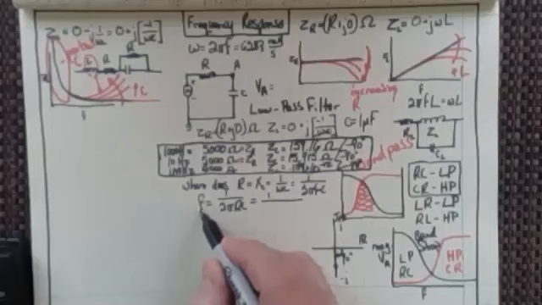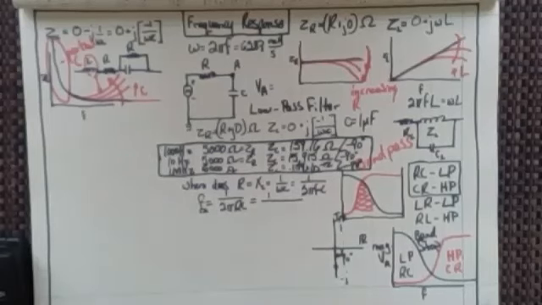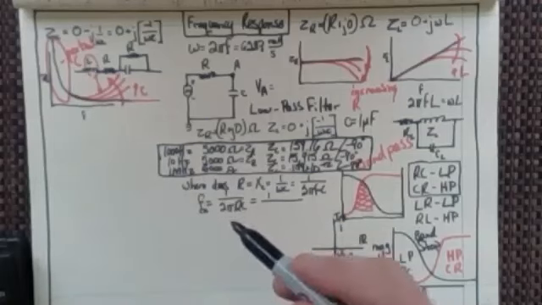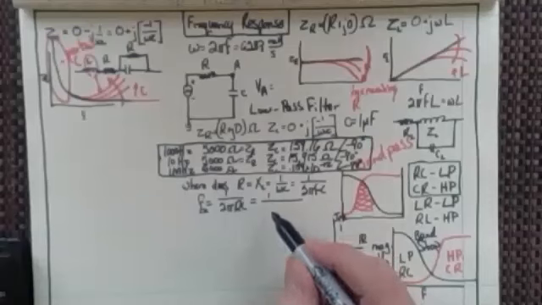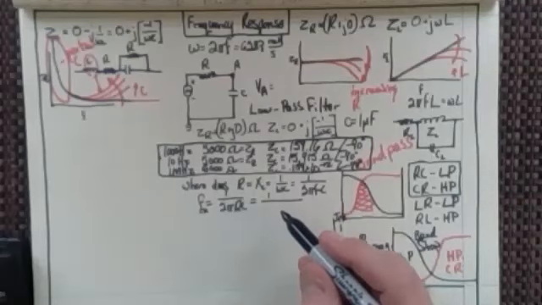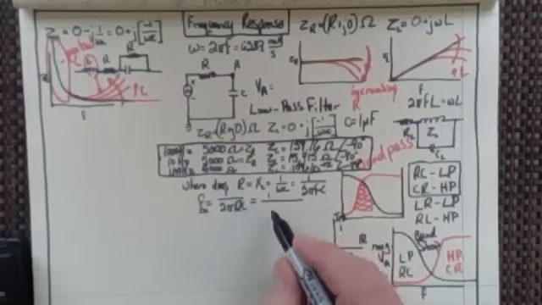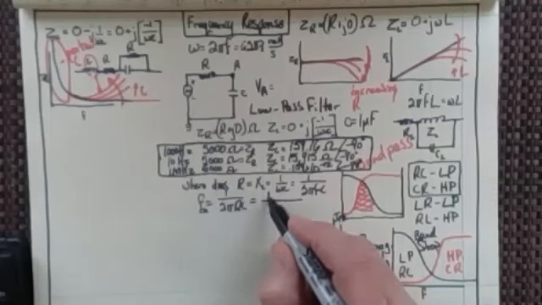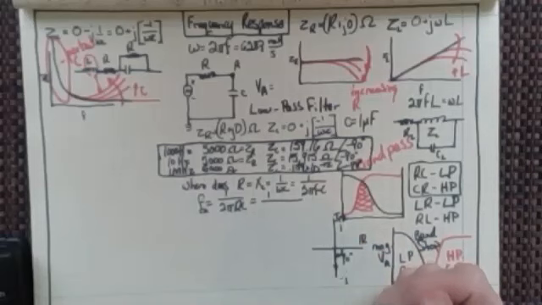We actually call this the cutoff frequency. And the cutoff frequency basically shows where we have a fall off of 37%, right? I'll explain why it's 37% a little bit later, but let's just look at where that cutoff frequency is going to be.